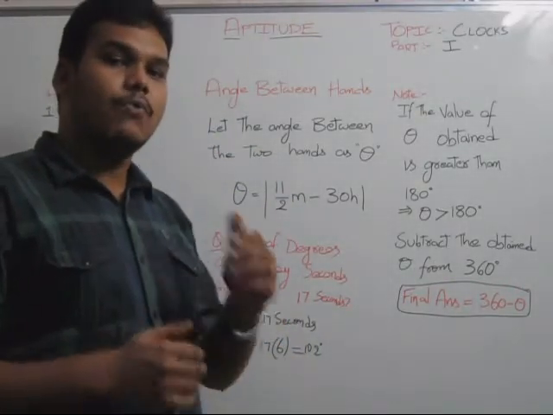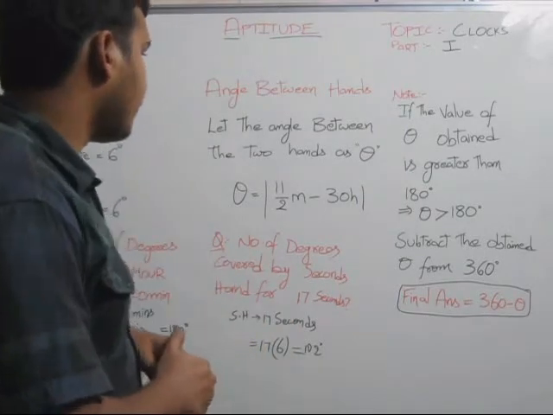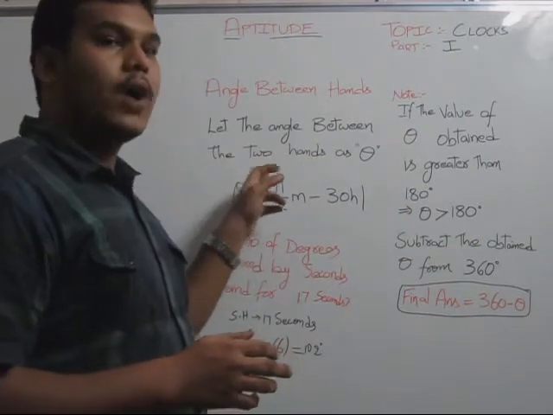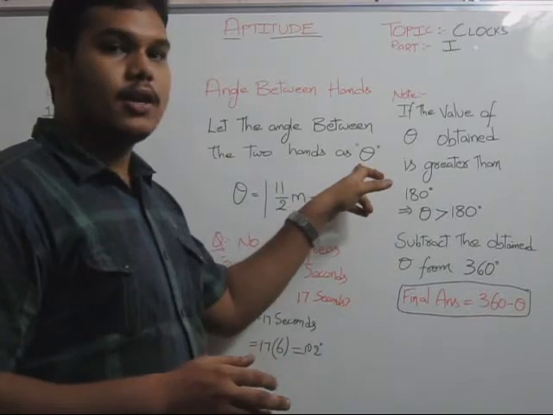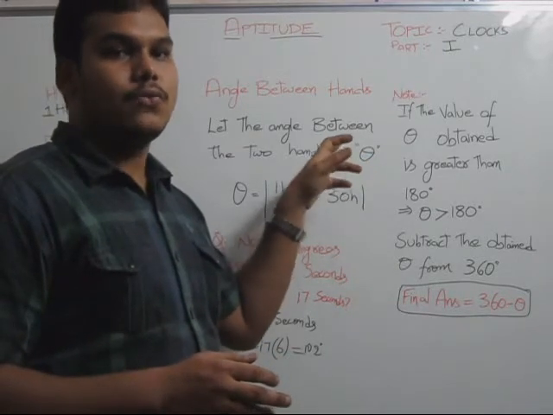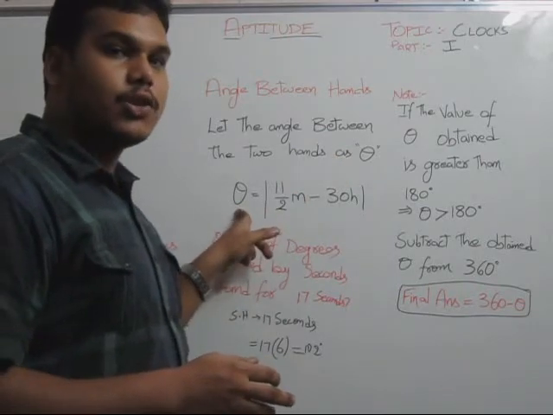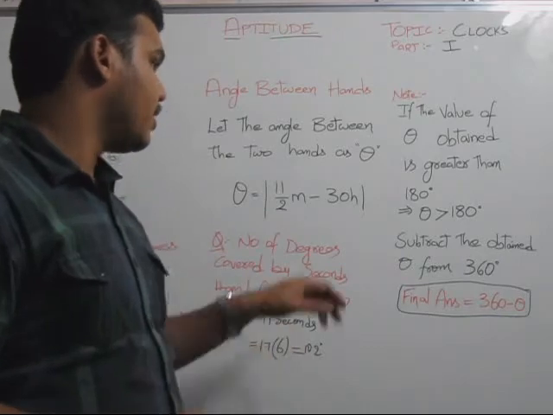Now let us see how we can find the angle between the two hands. Let the angle between the two hands be theta degrees, and the formula to calculate it is theta equal to modulus of 11 by 2 m minus 30h.